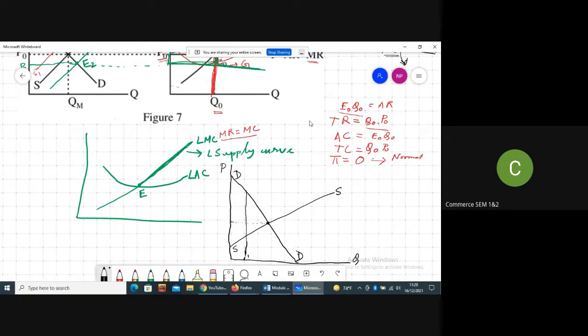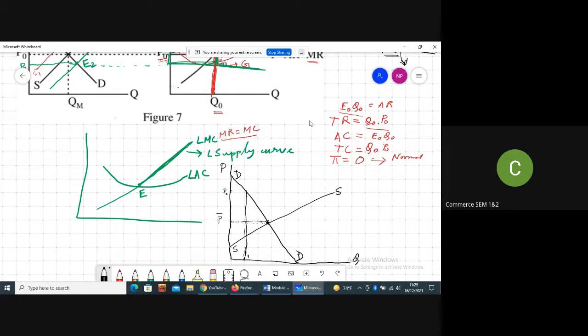But this is not the market price. This price, say P0, is not the market price. Market price is the equilibrium price, from the intersection of the demand curve and the supply curve. Say this P bar is the market price. So the consumer is willing to pay this price, but he is actually paying only this much.